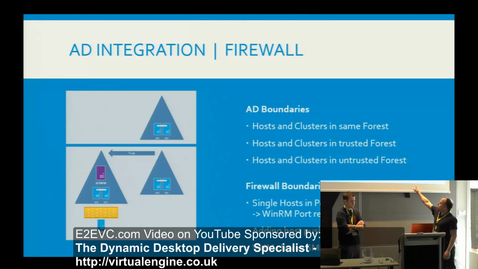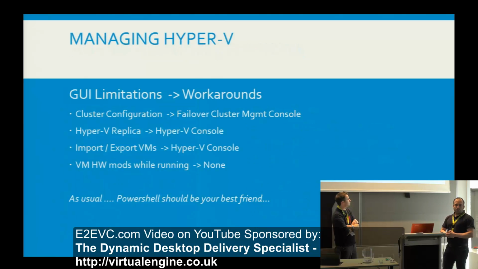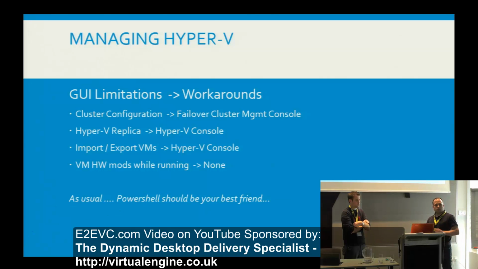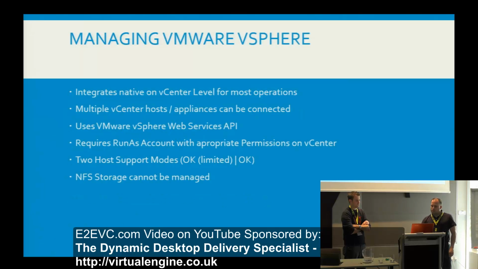We can talk about that afterwards, but if you want to add Hyper-V hosts, SCVMM tries to push the VMM agent onto the host, which is a CIFS or SMB connection. So be aware of that. There are other possibilities to install the agent manually and connect the host to SCVMM. But basically, your forest or your firewall is not the boundary anymore, which limited you to a single SCVMM instance.